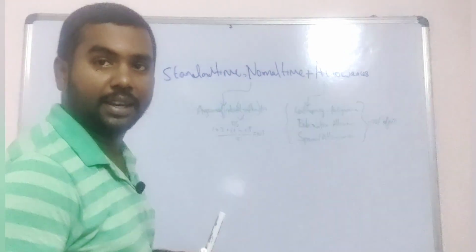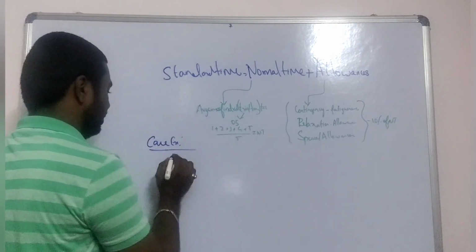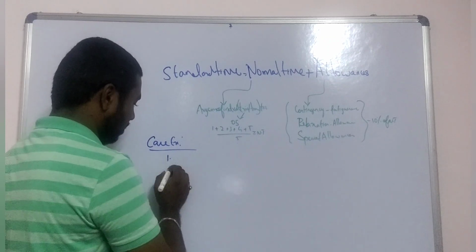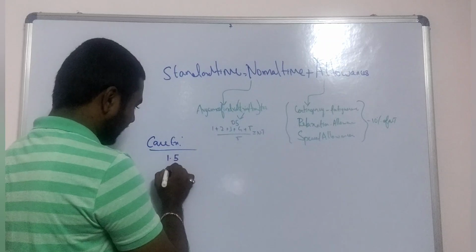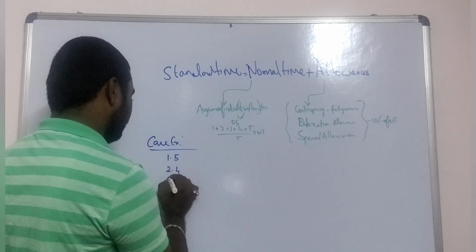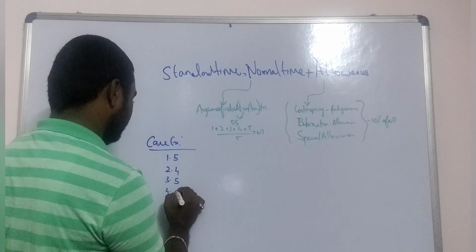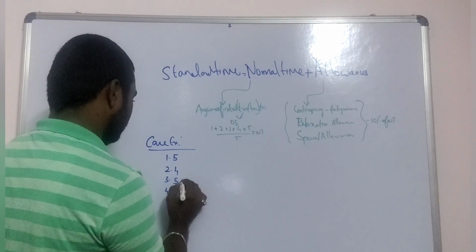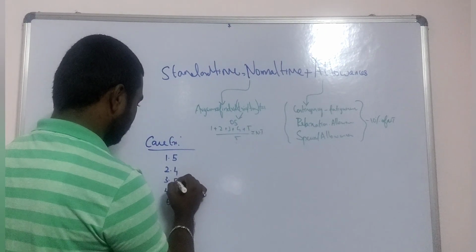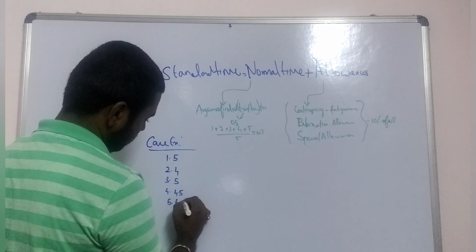Coming to the second part, let us take a case example of a phasing operation, where trial times are taken from the beginning of the process until the end. As told earlier, we will take 5 trials.